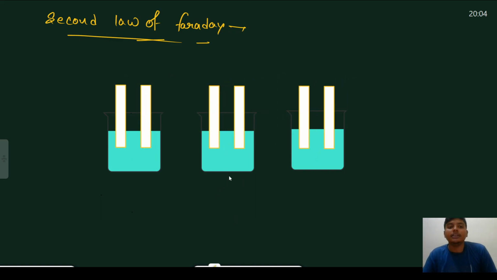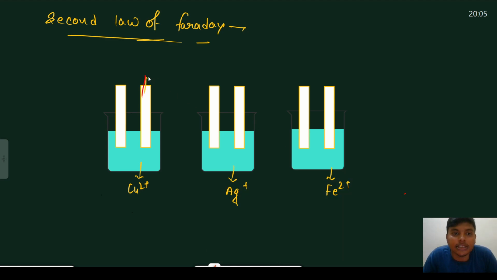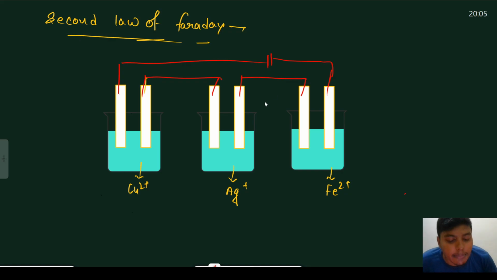Let's suppose I took three different solutions. Here is copper 2 plus sulfate, here silver, and here Fe2 plus. They are connected to each other in series, and they are all connected to a battery.